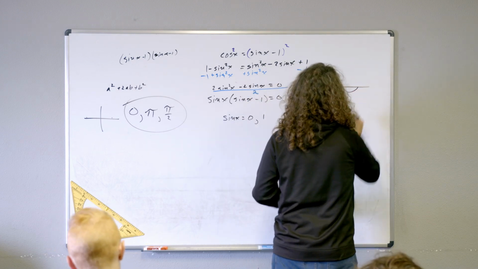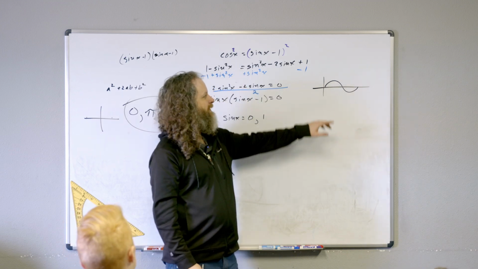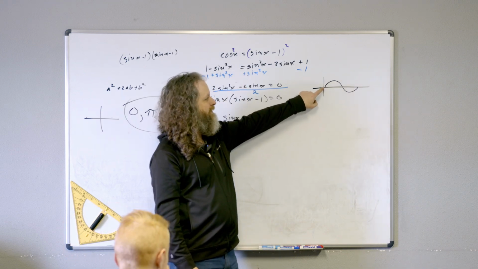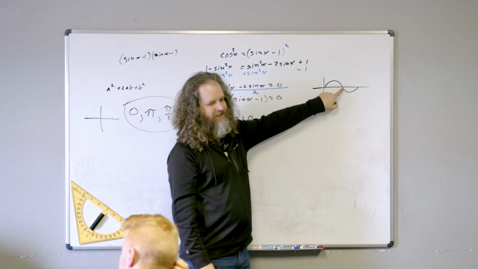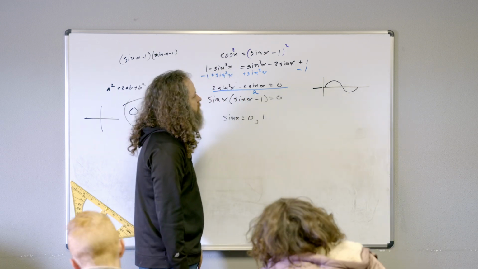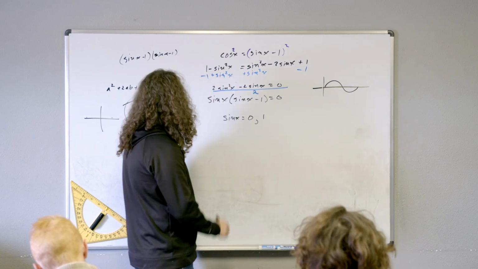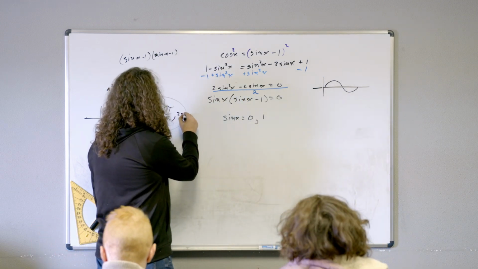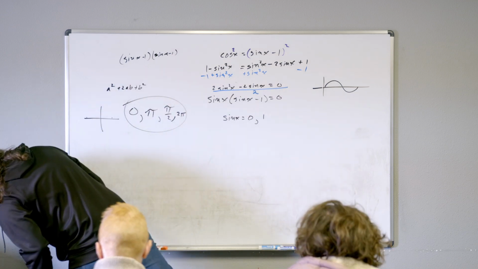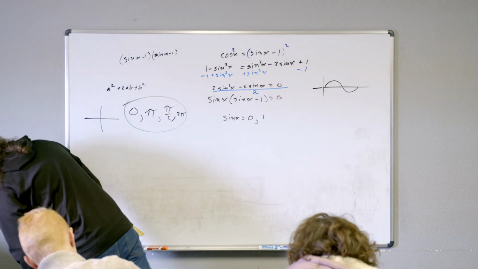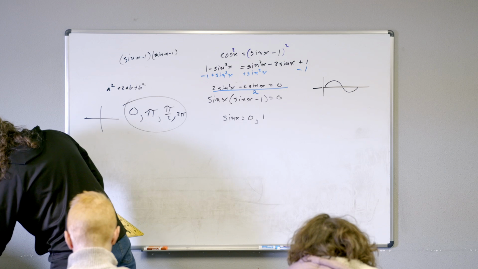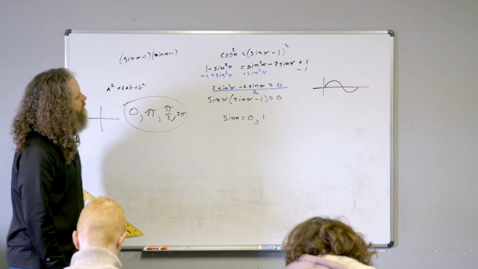This is what sine looks like. It's 0 here and here for that matter. Actually, I wonder if they narrowed the interval further. Oh no, they included 0 and 2 pi, so I don't know why they didn't write those.